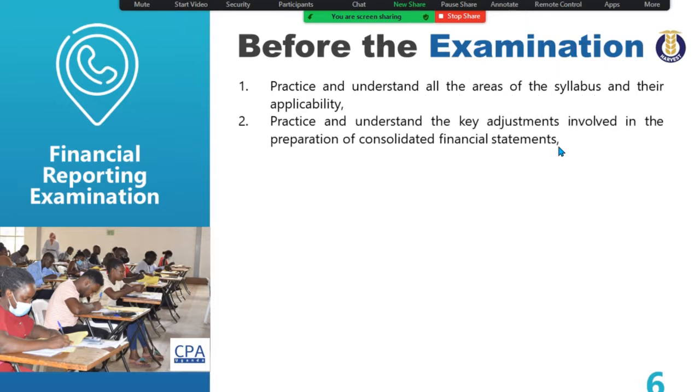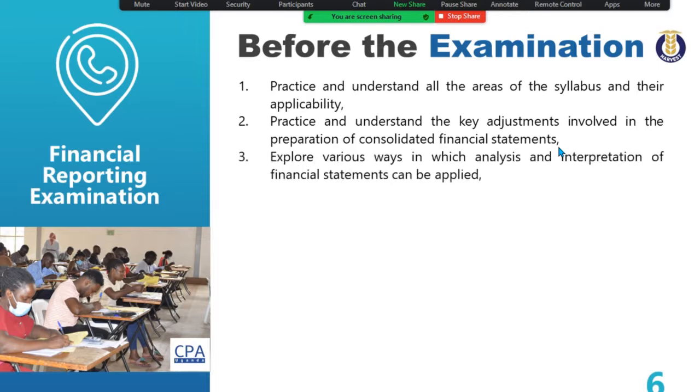You are expected to practice and understand the key adjustments involved in the preparation of consolidated financial statements. Okay, the key adjustments. You are expected to explore various ways in which analysis and interpretation, right? Here we are talking about ratios. Okay, we are talking about ratio analysis.